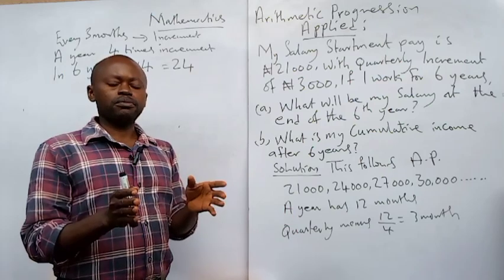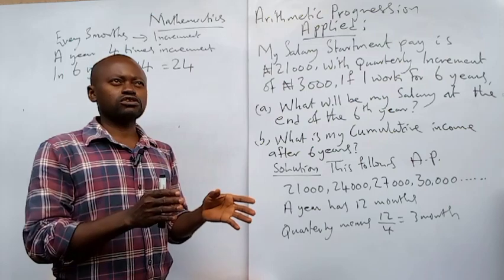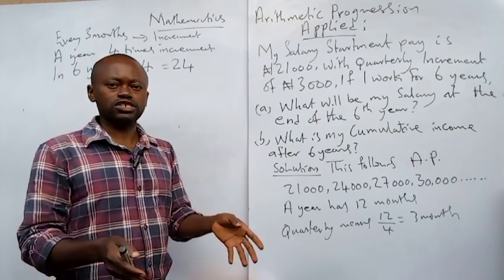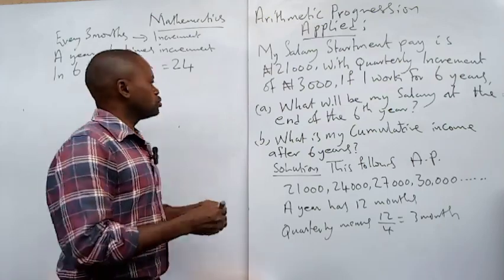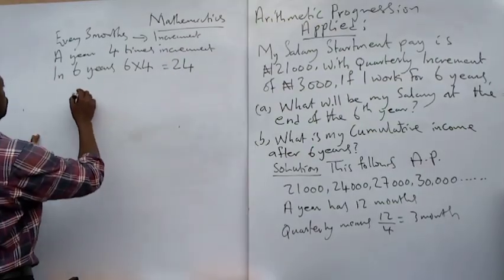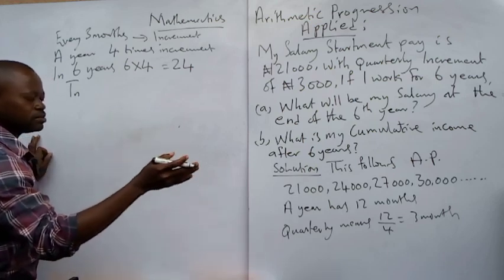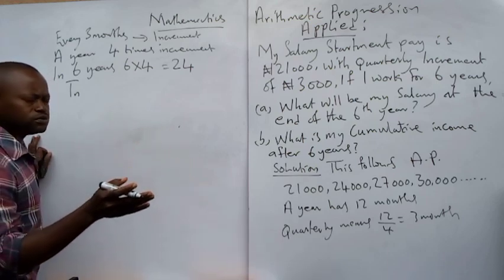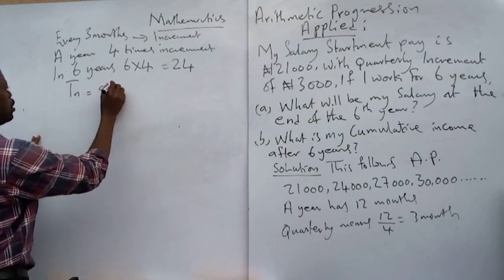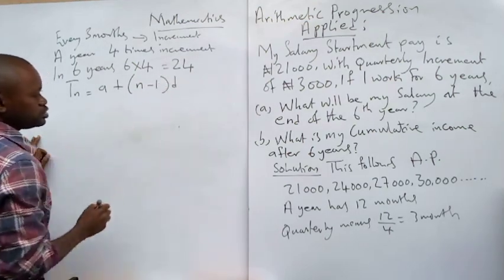Now, do you remember what I explained when I was talking about the application of the mathematical expression for calculating the nth term of an arithmetic progression? I gave it, so we will use that now. Tn equals a plus (n minus 1) times d, where d is the common difference.